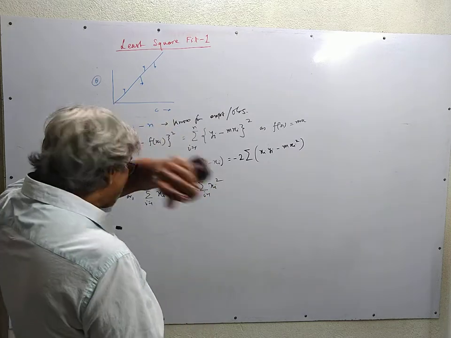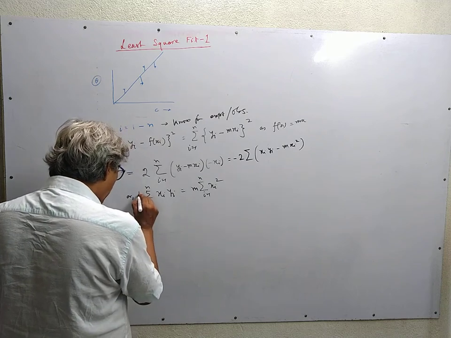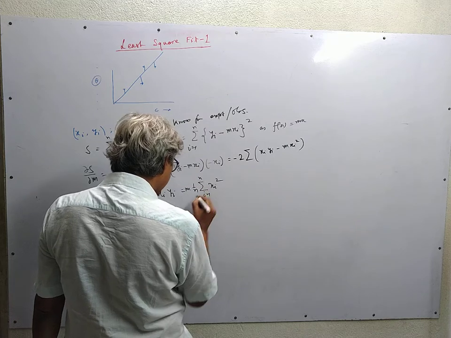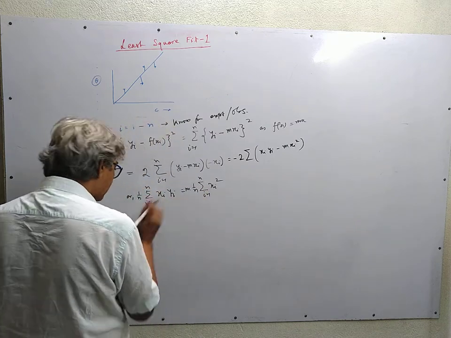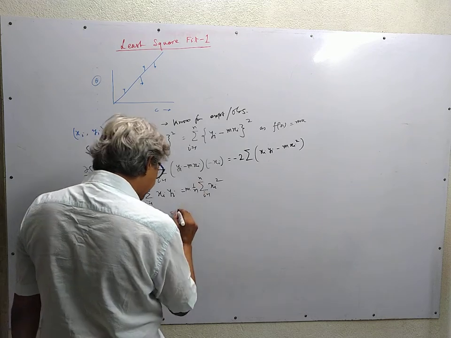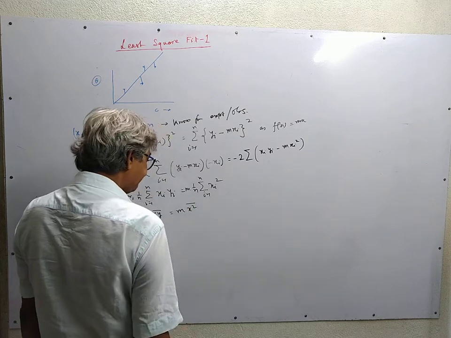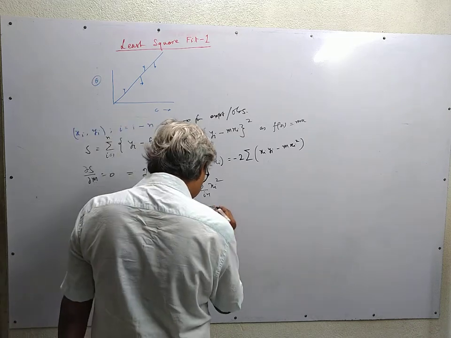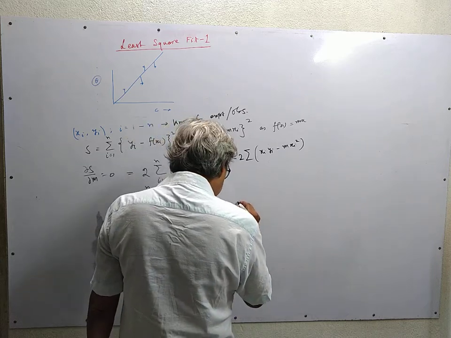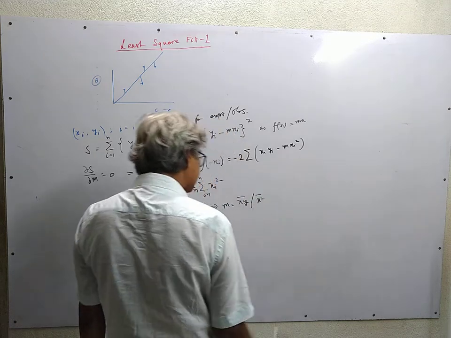If we divide both the sides by the number of observations, we get 1 by n, and here we get m times 1 by n. This is nothing but xy average, and on the right hand side it is m times x square average, which gives you m to be xy average divided by x square average.